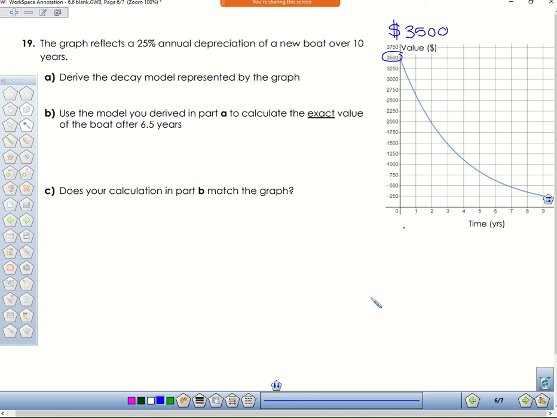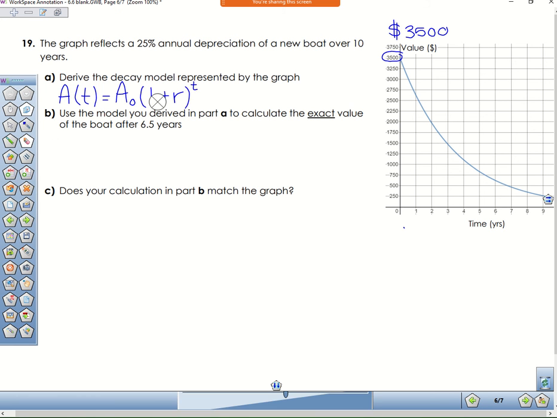So it says, derive the decay model represented by the graph. So basically, they want us to come up with the equation that suits the graph. So if you remember, this is just regular traditional exponential decay. It's not the continuous one because they don't say anything about that. So that is A of t is equal to A sub 0 times 1 plus your rate to the t power. Oh, I'm sorry, minus. It's decay, so it's minus. So do you guys remember that formula?